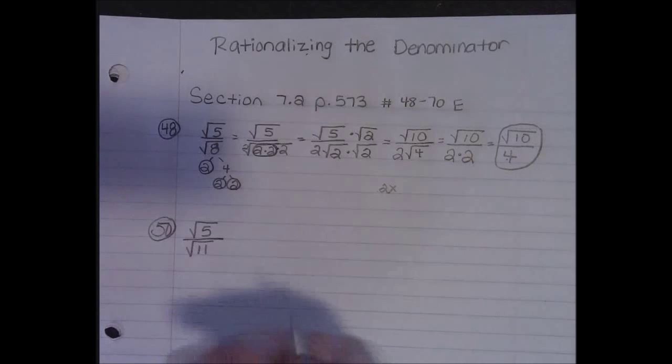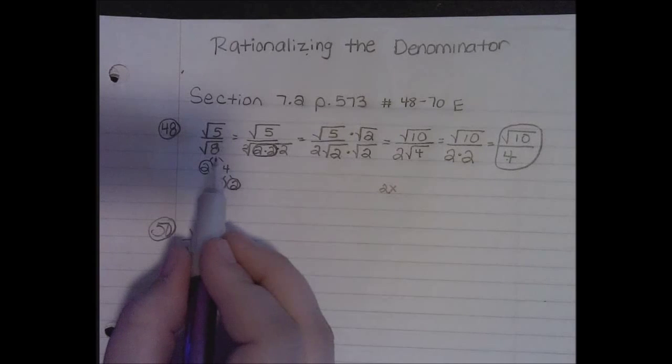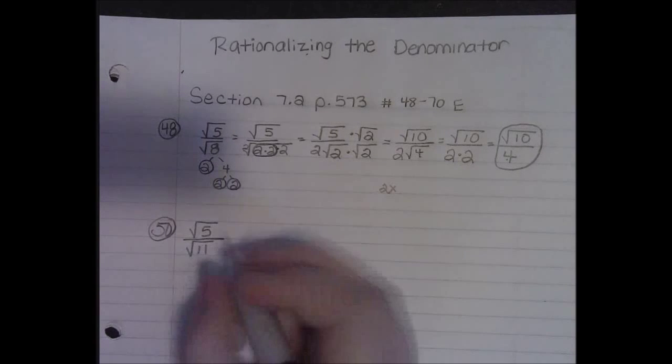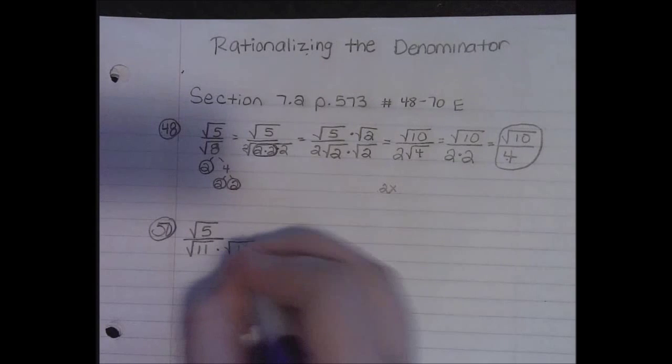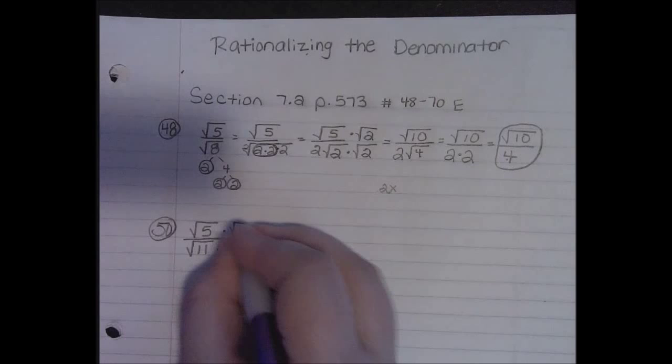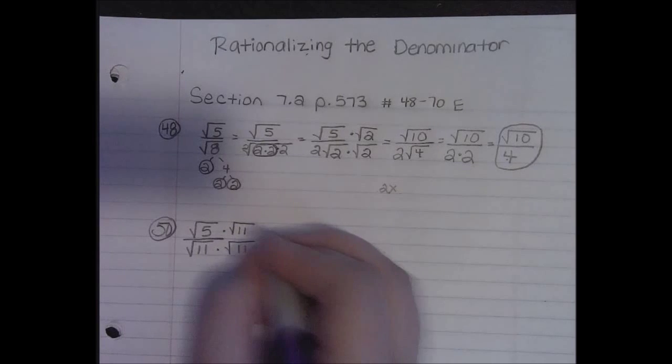Now remember, the whole goal is to get that radical out of the denominator. 11 is called a prime number, so we cannot break it down as we did up here with the square root of 8. We can't break it down first. So what I'm going to do is multiply the square root of 11 by the square root of 11. Remember, what you do to the denominator, you must do to the numerator.